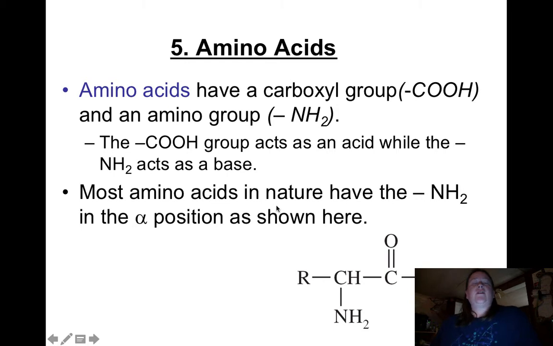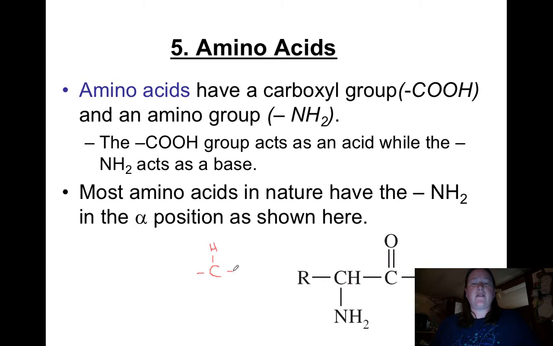So the last one that we're going to talk about with types of carboxylic acids are the amino acids. All amino acids have this basic structure. I don't really like the way they drew this. The basic structure has a carbon, and attached to the carbon is a hydrogen on this side.